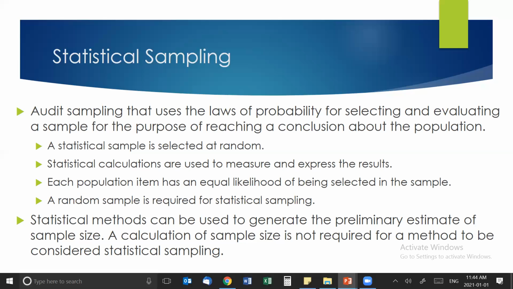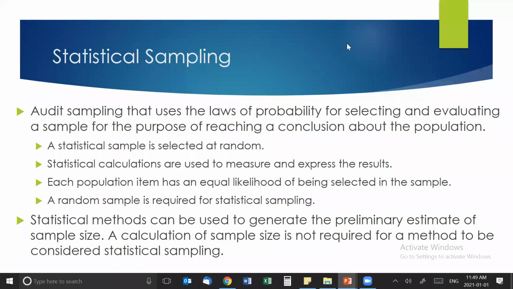Okay, so when you're looking at what sample to choose for statistical sampling, you would choose a sample at random. Each population item has an equal likelihood of being selected.